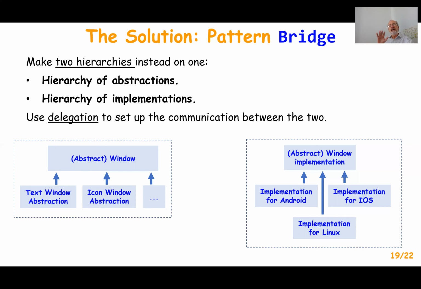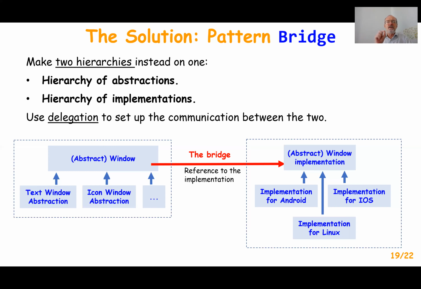And another point of this picture is the real communication between these two hierarchies. Look at this wonderful red line. Abstract window has the reference, or simply speaking, pointer to abstract window implementation.